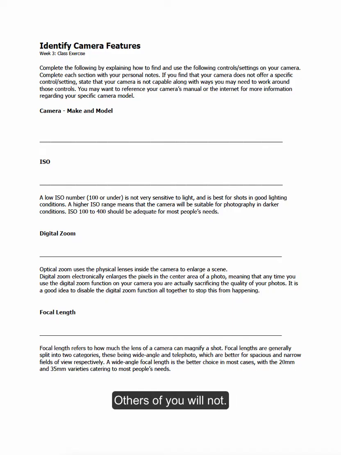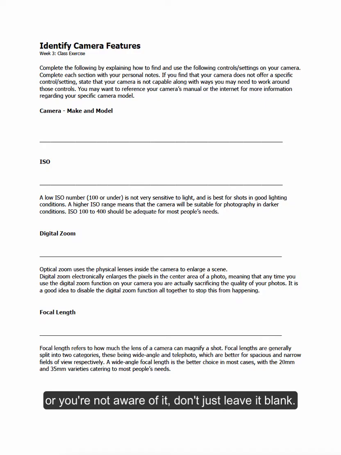Others of you will not. So I want you to look for each one of these. If your camera doesn't have this capability or you're not aware of it, don't just leave it blank. I want you to still write a note in here on what your camera has, what it doesn't have, and what you think you might be able to use in order to control the specific setting.